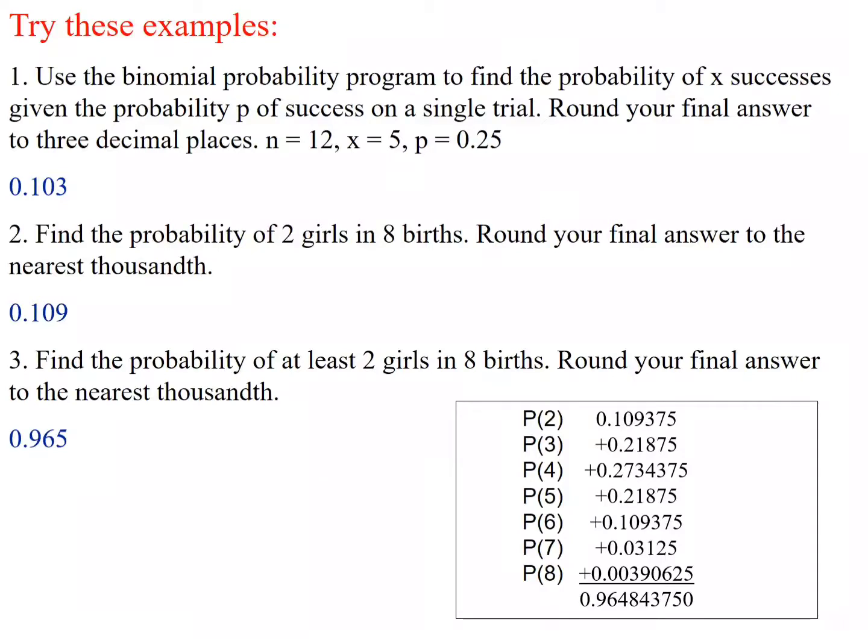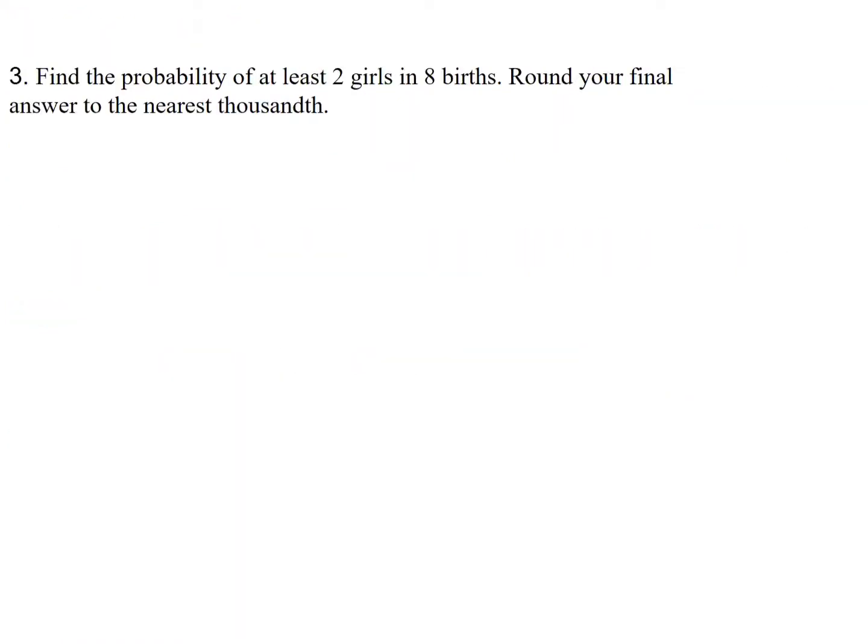However, if you thought back to chapter 4 and thought about complements, what you could have done for number 3 was find the probability of at least 2 girls in 8 births. So that is the probability of at least 2 girls. Or what's the complement? 1 minus the probability of 0 or 1, right? That is much easier than doing the binomial distribution 6 times on your calculator.